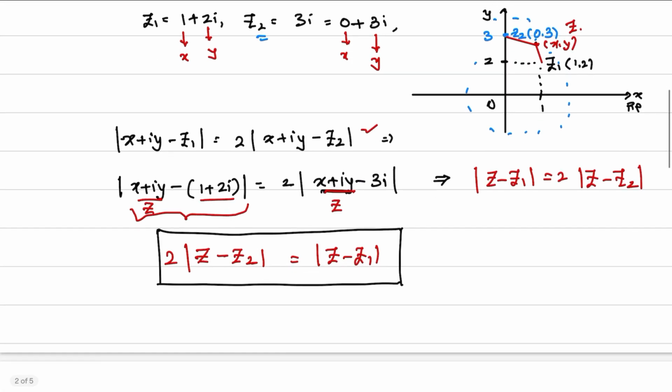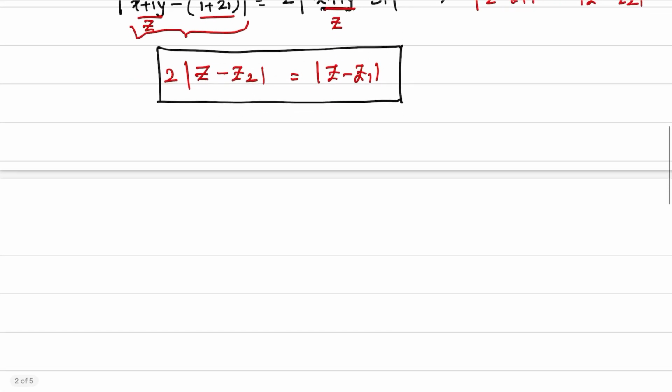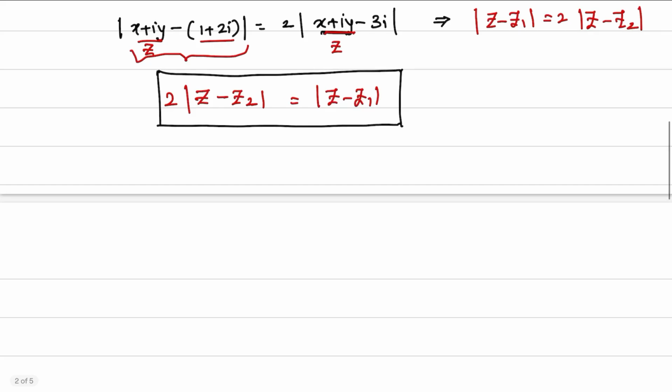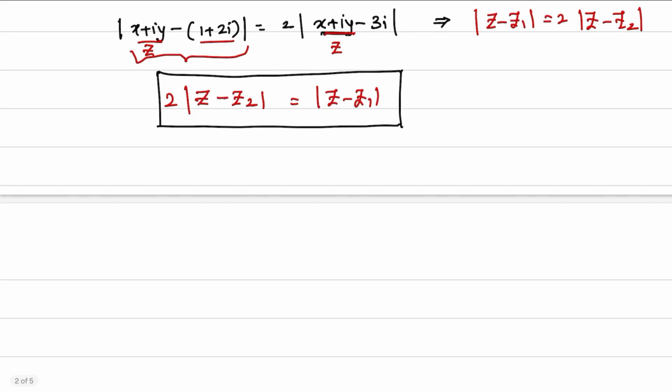Z minus Z1 is x plus iy minus 1 plus 2i.